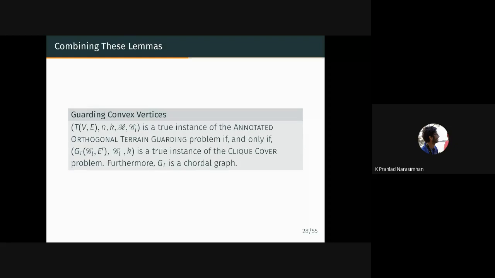So combining these two lemmas, these guys gave this particular thing, saying that this annotated terrain guarding instance is true if and only if the corresponding clique cover instance is true. And furthermore, they said that the visibility graph of this instance is chordal.